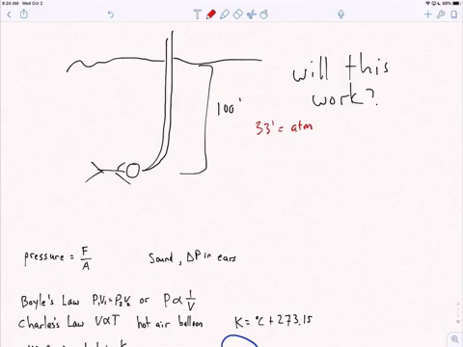So that means there is an atmosphere of pressure here, and then on my lungs here, there is an additional 3 atmospheres. So on my lungs there's a pressure of 4 atmospheres, and up at the snorkel, there's 1 atmosphere. So where does gas flow? Does gas flow from high pressure to low pressure, or from low pressure to high pressure?